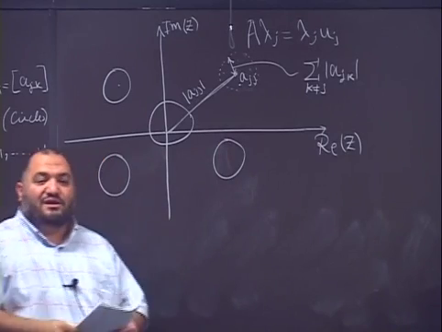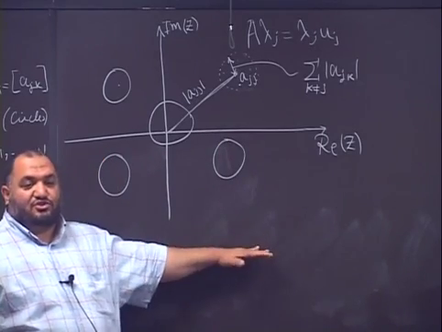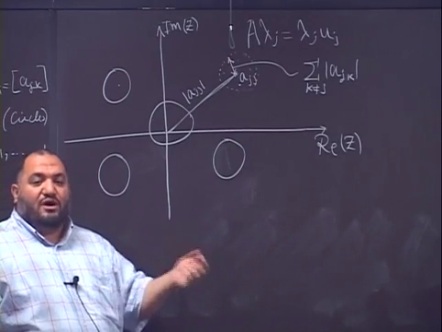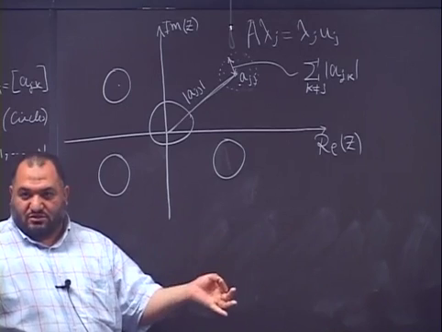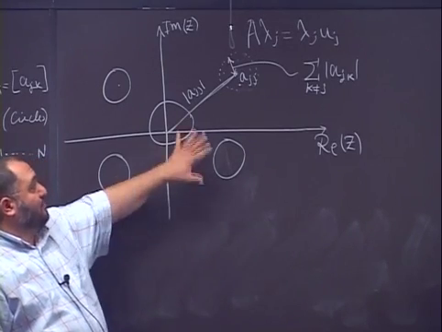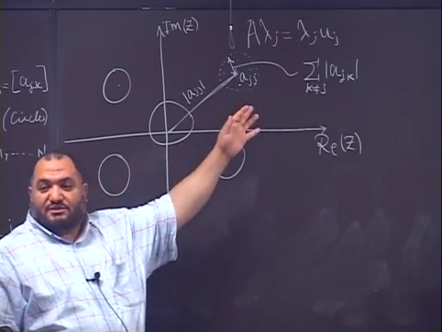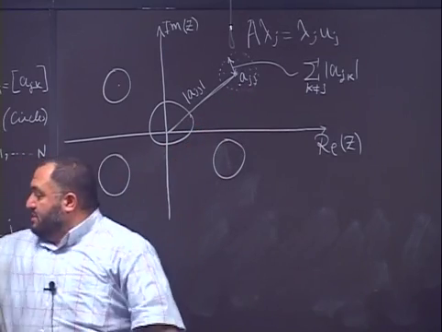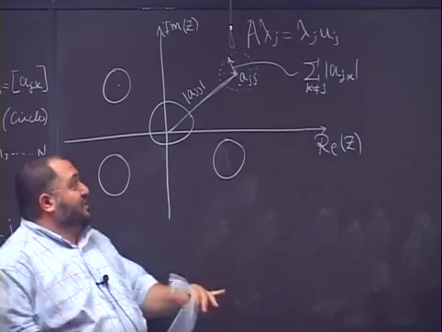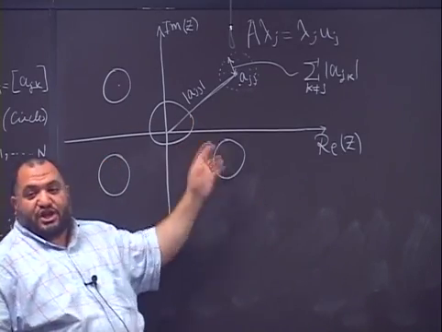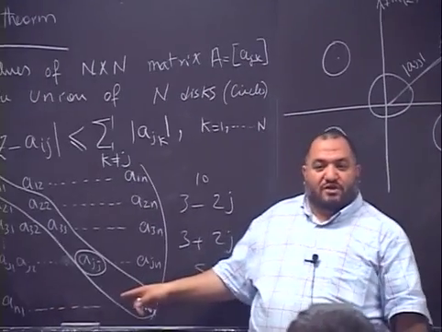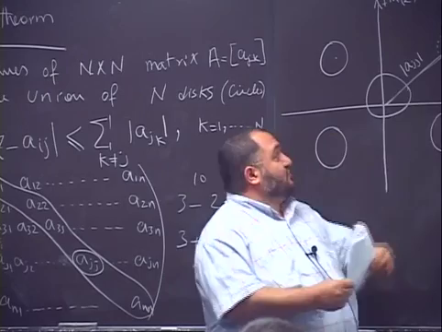So this is a very nice geometrical representation. If you want to know where the eigenvalues of the problem are, all you do is plot the Ajj, all the diagonal elements of your matrix, in a complex plane like this, and then around each one of Ajj, take the summation of the amplitude of the off-diagonal elements, and this will give you the radius of this circle.